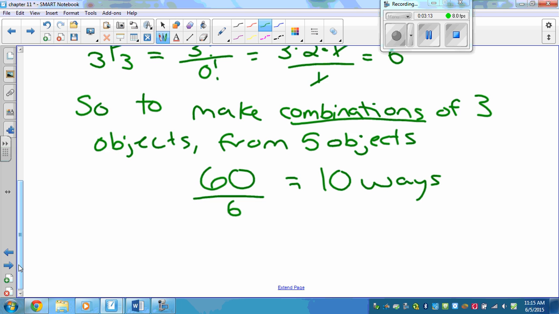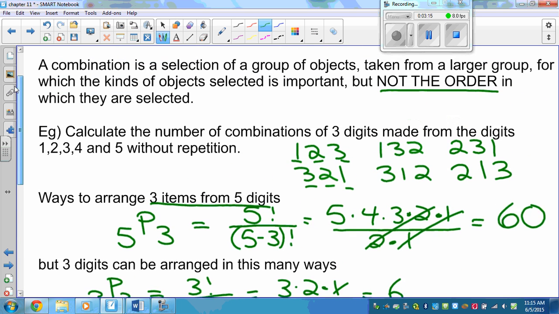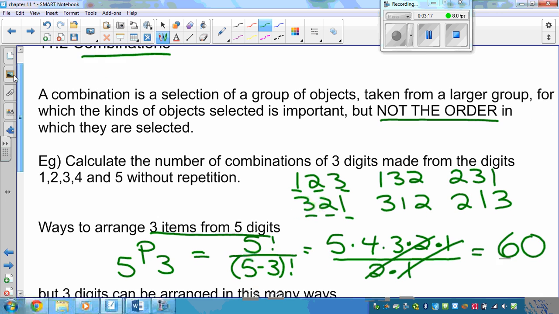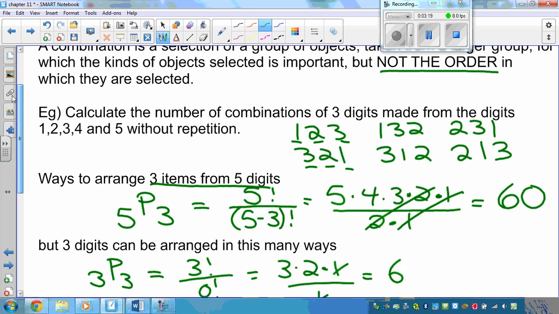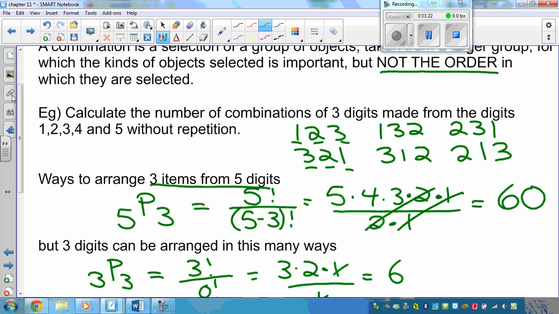So there's 10 different ways to have groupings of 3 of the numbers 1, 2, 3, 4, and 5. There's 10 of them.